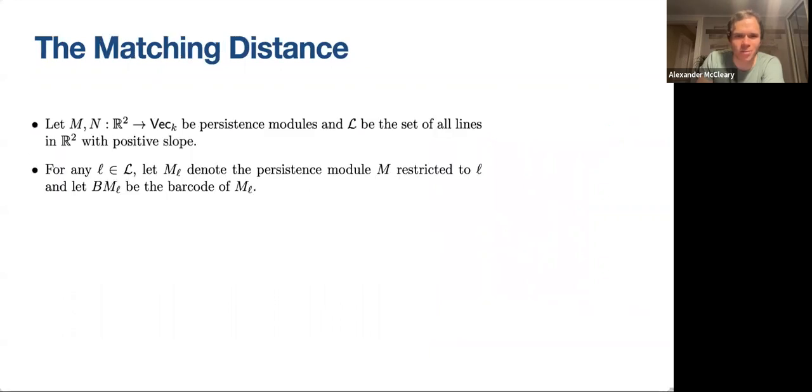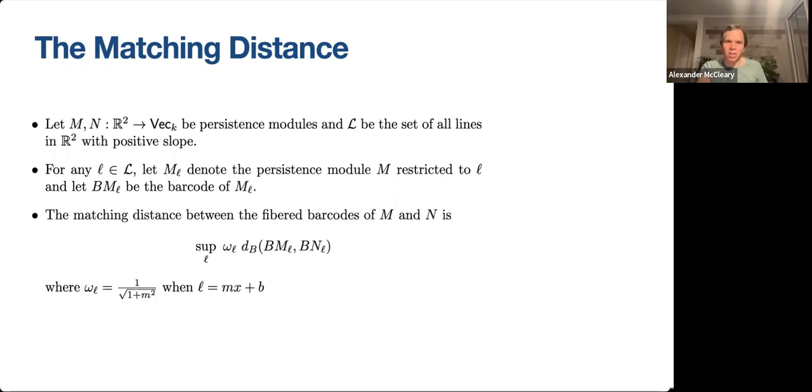Okay, now if we choose a line L, we're going to call this M sub L. This is the persistence module M restricted to the line L, and we're going to let B(M_L) be the barcode of the persistence module restricted to L. M sub L is a one parameter persistence module, so it has a barcode. We can decompose it nicely.